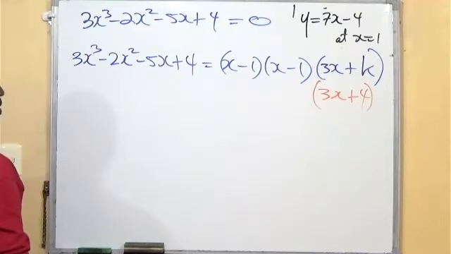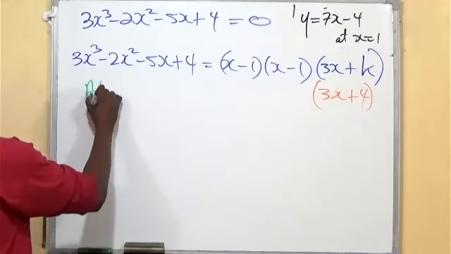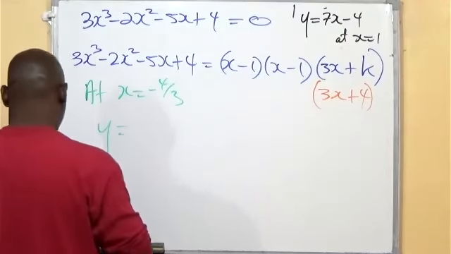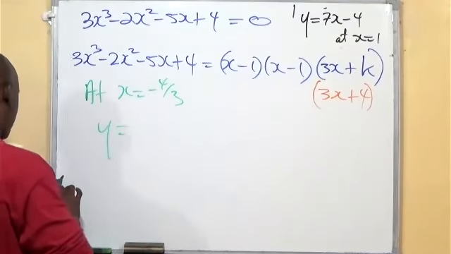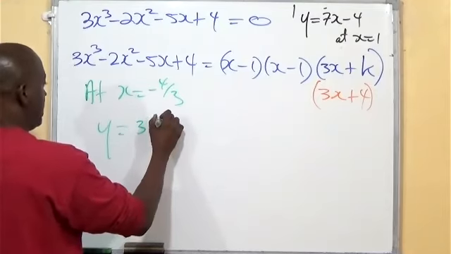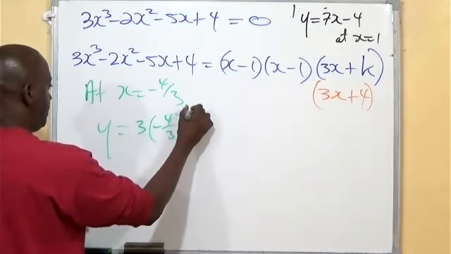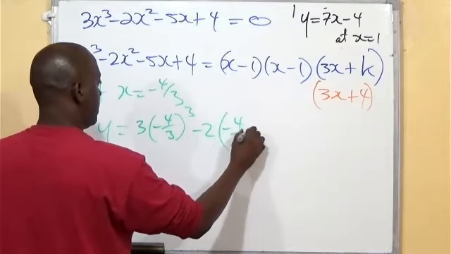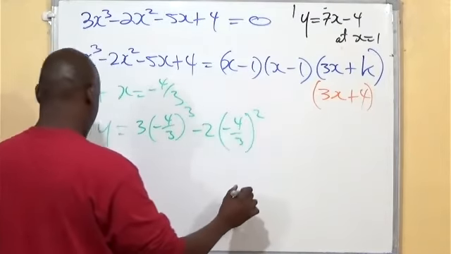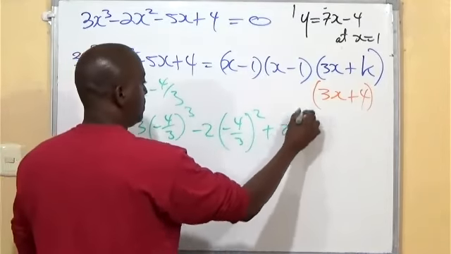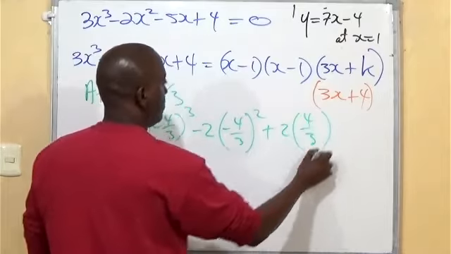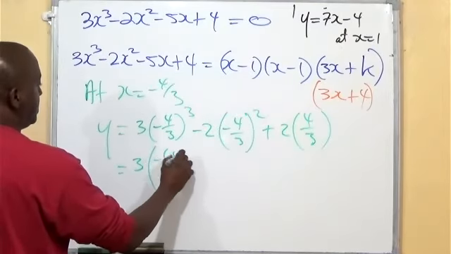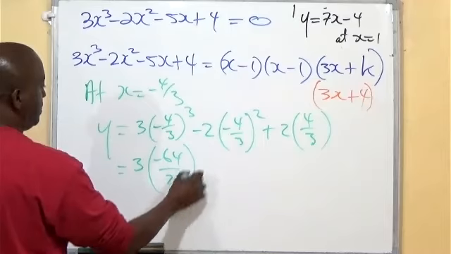At x equal to minus 4 over 3, y is equal to 3 by minus 4 over 3 cubed, minus 2 by minus 4 over 3 squared, plus 2 by 4 over 3, which is equal to 3 by minus 64 over 27.